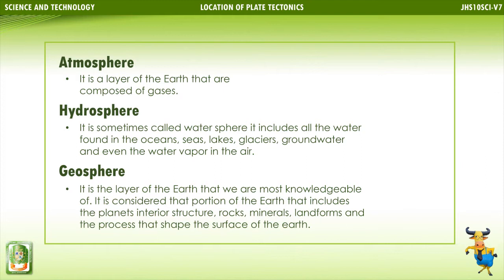It includes all the water found in the oceans, seas, lakes, glaciers, groundwater, and even the water vapor in the air. Geosphere, it is the layer of the Earth that we are most knowledgeable about. It is considered that portion of the Earth that includes the planet's interior structure, rocks, minerals, landforms, and the processes that shape the surface of the Earth.